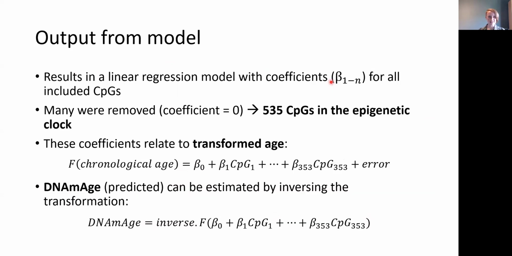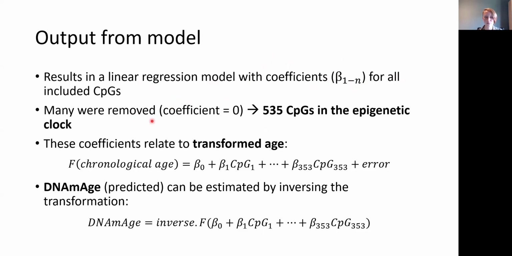So then when they did that, they got an output that was a linear regression model with a number of coefficients, actually beta 0 because there would have been an intercept, but then beta 1 to beta n for all of their included CPGs. So for the 21,000 odd CPGs that they included, they would have got a coefficient for all of them.